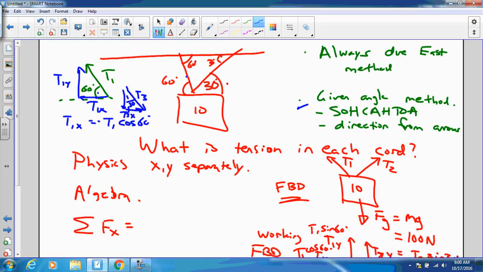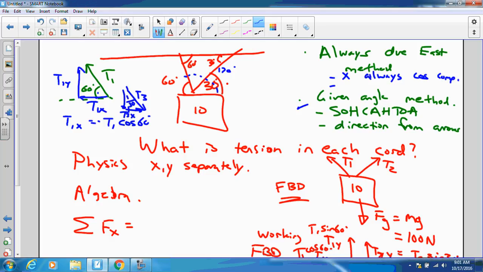The always due east method is, given a particular angle, I am going to normalize it to due east. And I'm going to do that by taking this angle right here and saying, okay, if I would measure it from due east, what do I get? And the answer is a 120-degree angle. When I do the always due east method, then my x component is identically the cosine component. And the y component is always the sine component for angles measured from due east, because I'm putting the whole thing on a unit circle and I'm saying what's the angle.